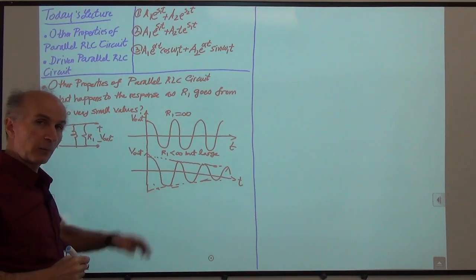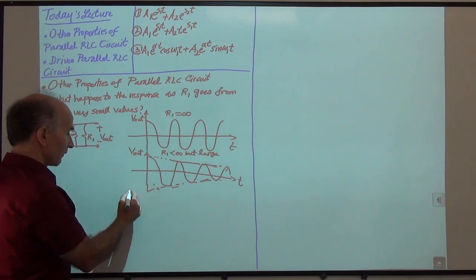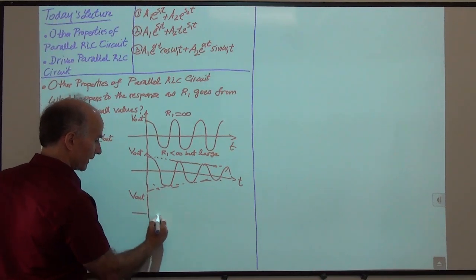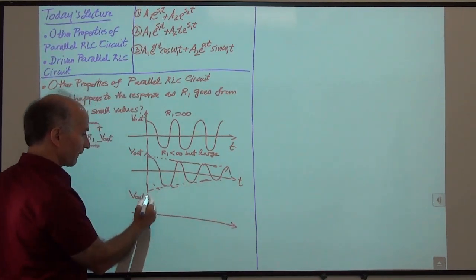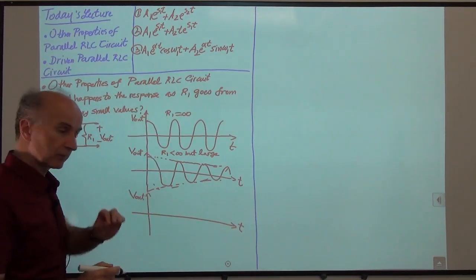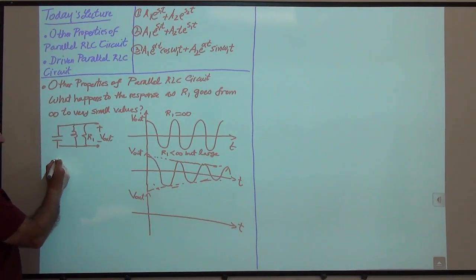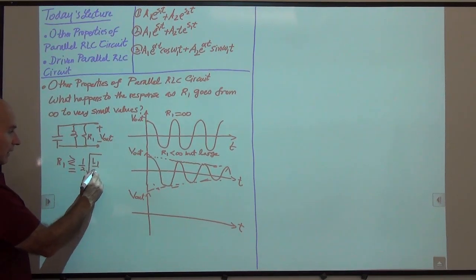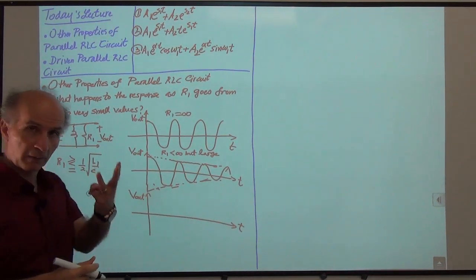Okay. Now we keep reducing R1. If R1 is reduced more, what we expect is that this decay becomes faster. Remember that depending on the value of R1 and how it compares with this quantity, we can have one of those three cases.